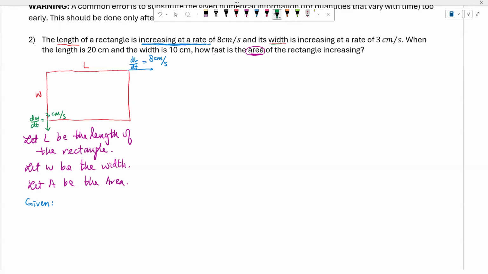Those are the given information: dL/dt is x cm per second, and dW/dt is 3 cm per second.